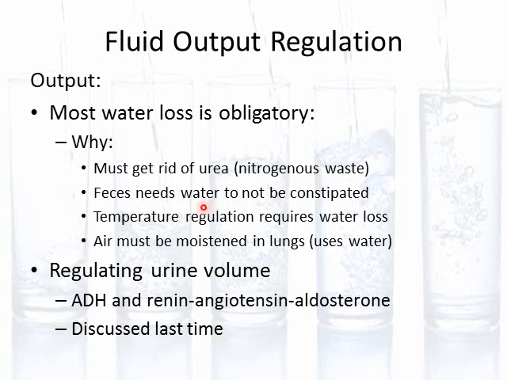We have to have water to get rid of feces, to regulate temperature, and to breathe because the air needs to be moistened. So those are things we have to have that water loss. But we can regulate the amount of urine that we have, and this is done mainly by the hormones ADH and the renin, angiotensin, aldosterone system, which we discussed last time.